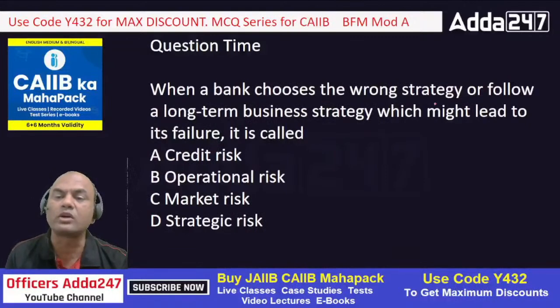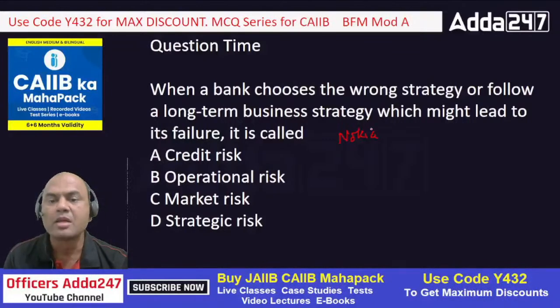When a bank chooses the wrong strategy or follows a long-term business plan which might lead to its failure, it's called as, means, let me give you an example. Nokia is a simple example, isn't it? This company was the biggest in mobile telephones in 2004 to 2006. But now what has happened to Nokia? Gone. Why?